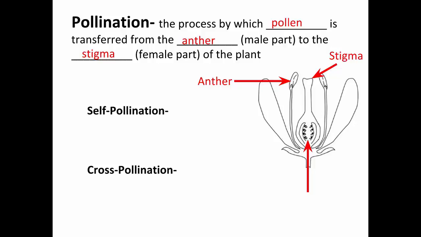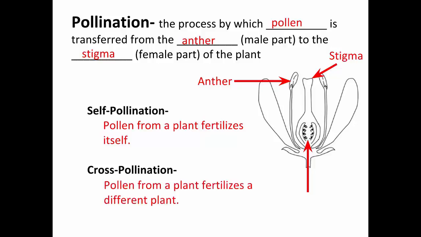No, because it's not two parents mixing their genetic material, it's just one original parent. What typically happens is what we call cross-pollination, in which pollen from one plant fertilizes a different plant. That's cross-pollination. And that does provide the variation that comes from sexual reproduction.